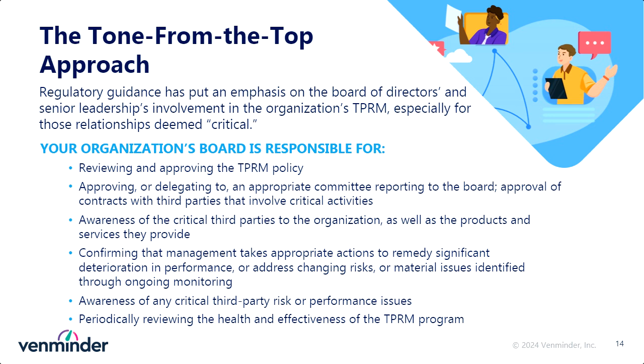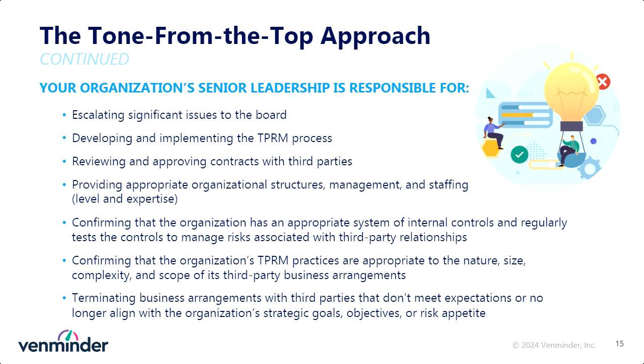From a senior leadership standpoint, where the tone at the top approach becomes relevant is that having a conduit so that you have managers who can effectively escalate issues to the board and communicate issues to the board immediately based upon the findings of third-party risk management reporting is a critical lens, and again helps to enforce this nature of tone at the top.